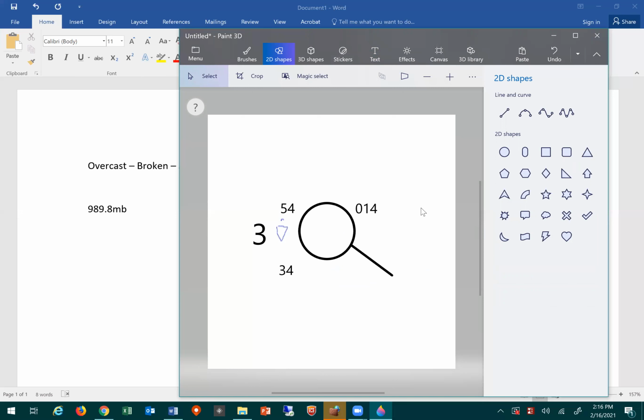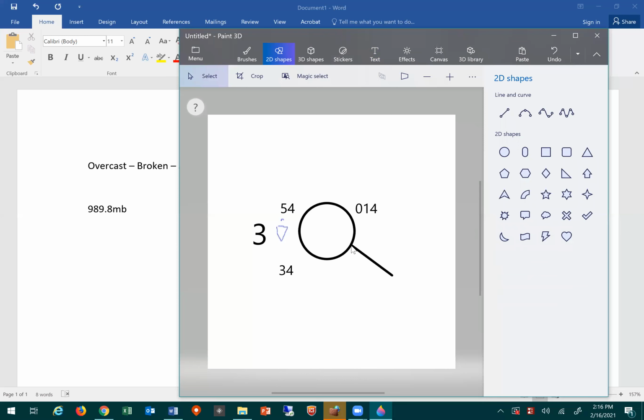Ready? Wind is named from where it came. Wind is named from where it came. So this line is pointing to the direction that the wind is coming from.